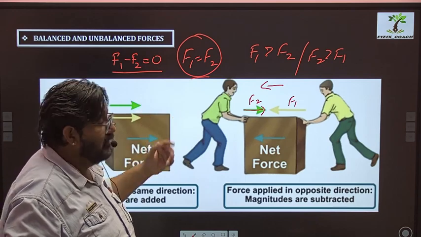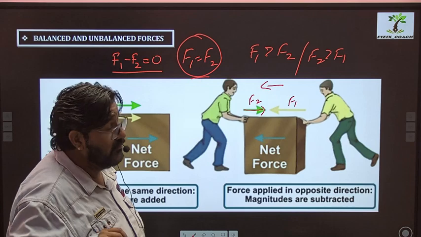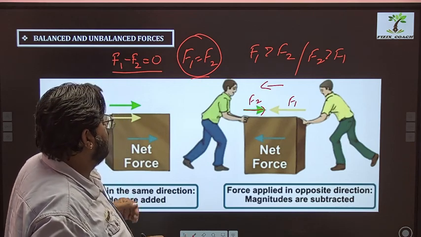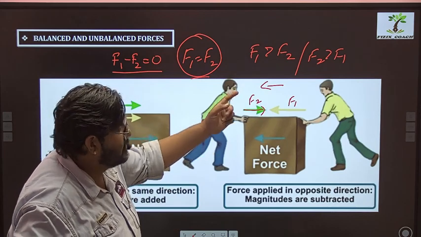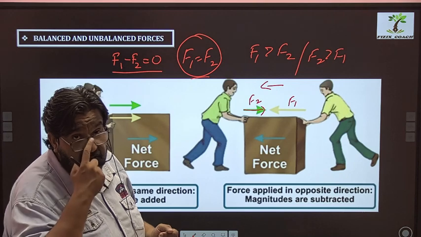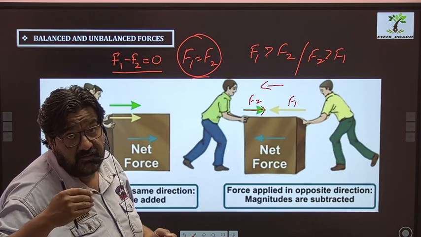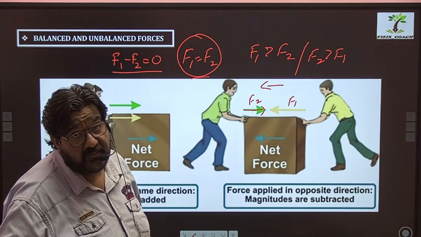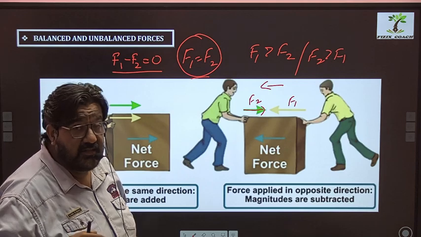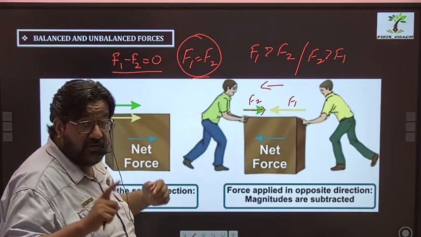Another thing: what if the forces are not equal, as we were discussing before? Then if the object is at rest, it will start moving. If it is in motion, its speed might increase or decrease. In that case, the net force will not be 0.